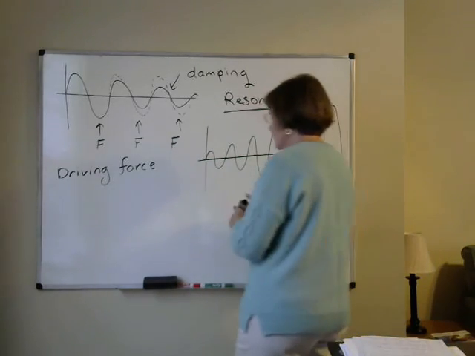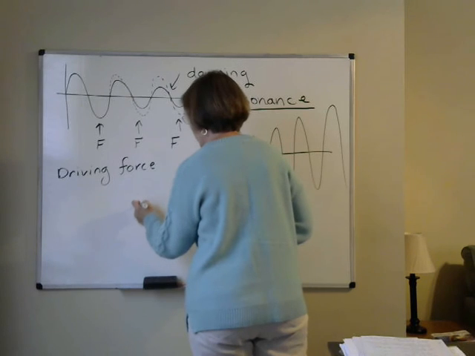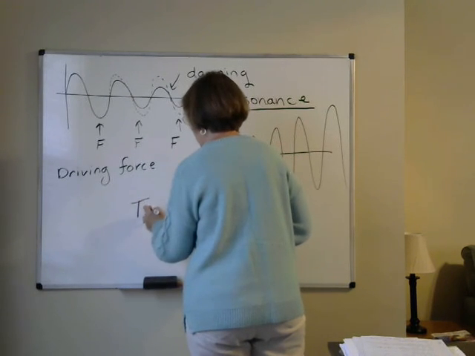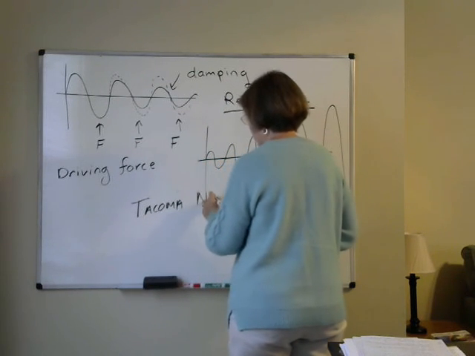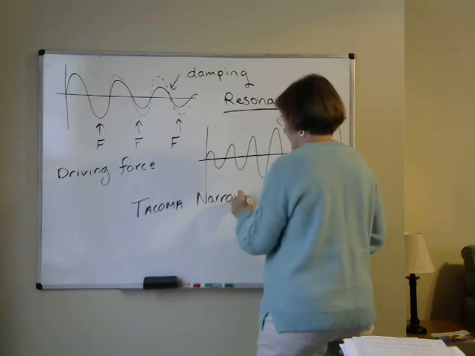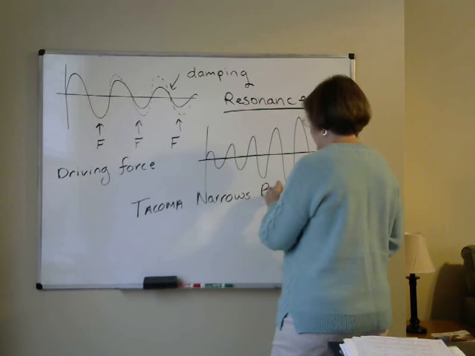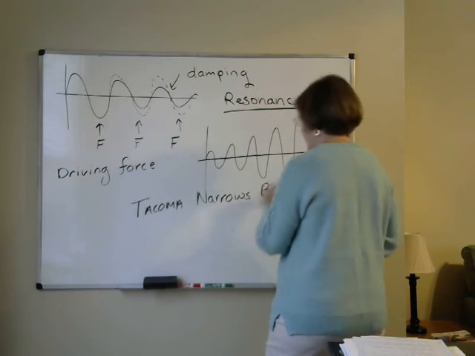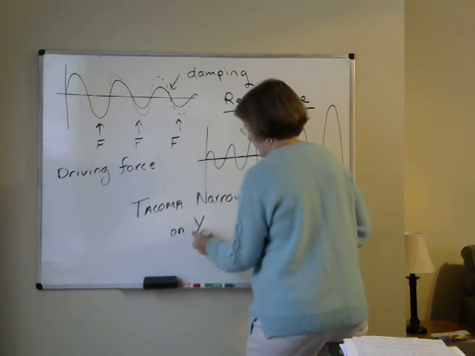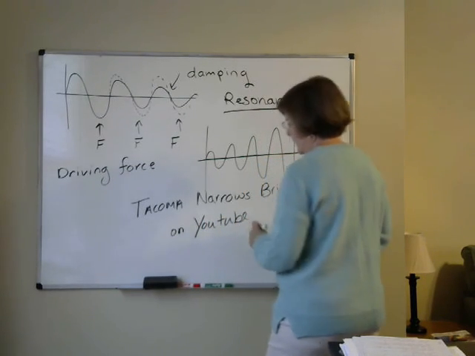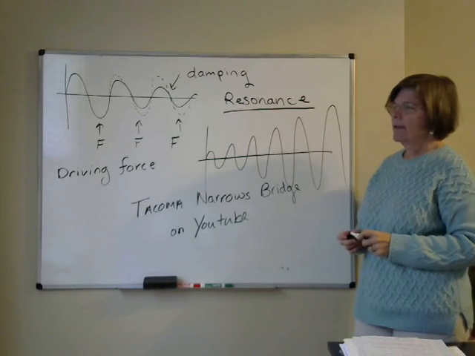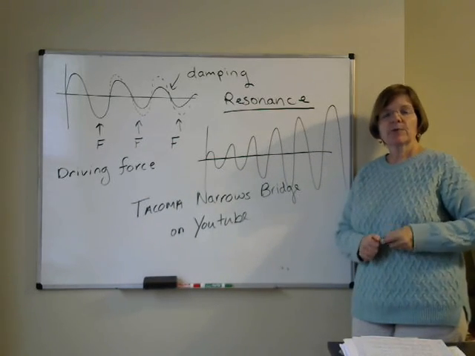It even can happen with things you wouldn't think it could happen with. If you want to be entertained, Google the Tacoma Narrows Bridge on YouTube. The Tacoma Narrows Bridge was a brand new bridge.